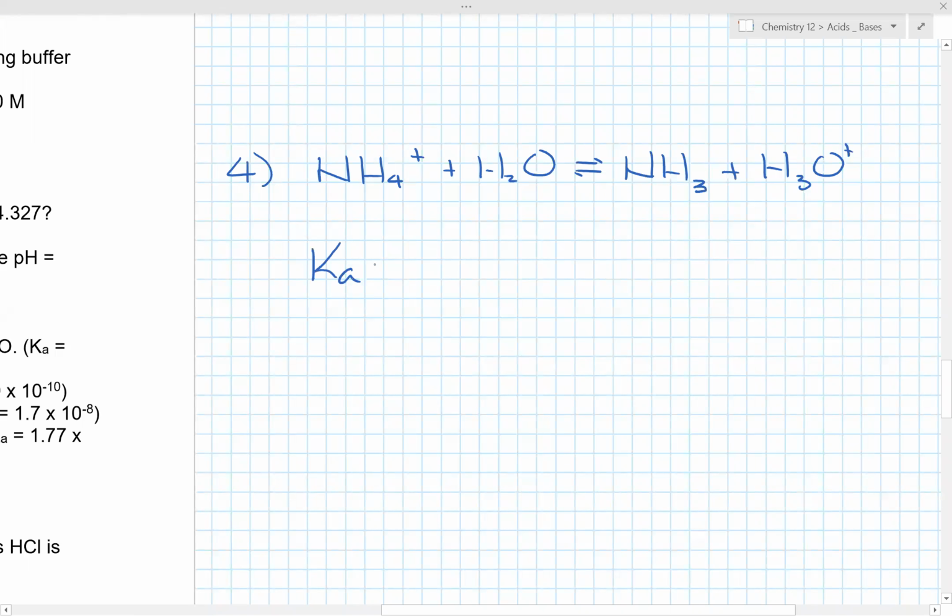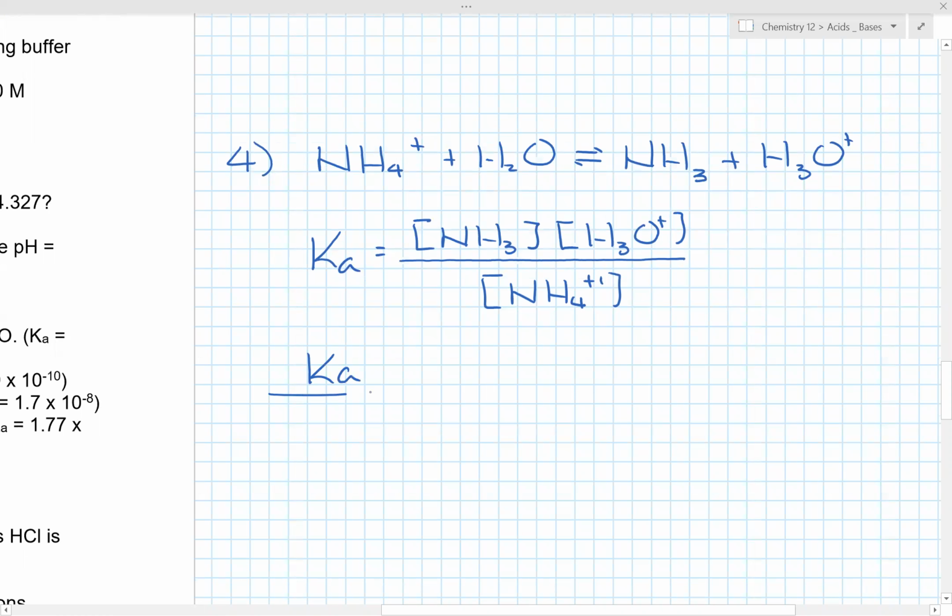So Ka is equal to the concentration of NH3 times the concentration of H3O plus all over the concentration of NH4 plus 1. So what you have is Ka over the concentration of H3O plus is equal to the concentration of NH3 over the concentration of NH4 plus 1.